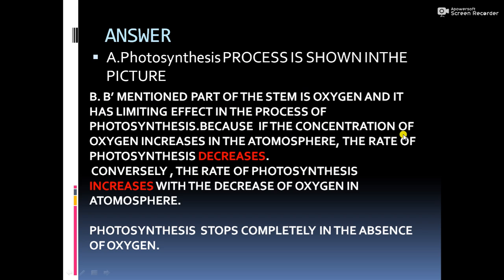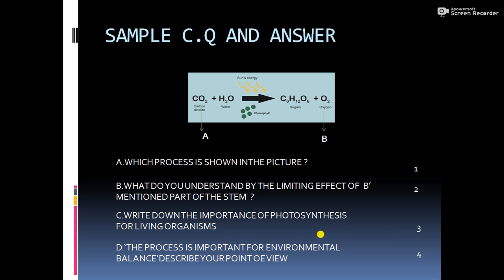Because if the concentration of oxygen increases in the atmosphere, the rate of photosynthesis decreases. Conversely, the rate of photosynthesis increases with the decrease of oxygen in the atmosphere. Photosynthesis stops completely in the absence of oxygen. And this is enough for question B, because this only carries 2 marks.